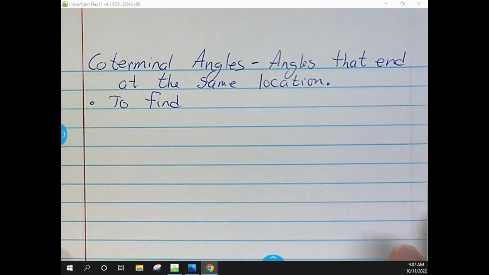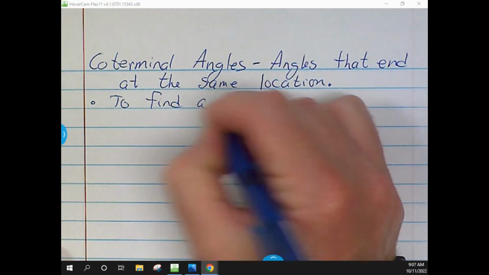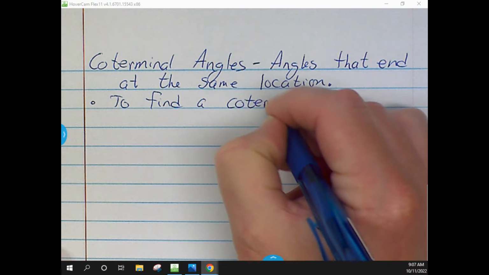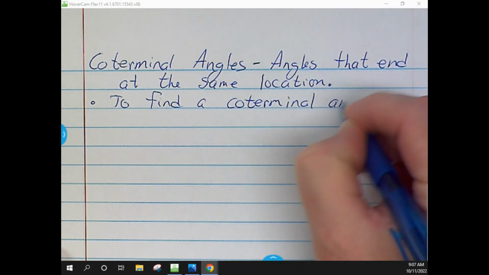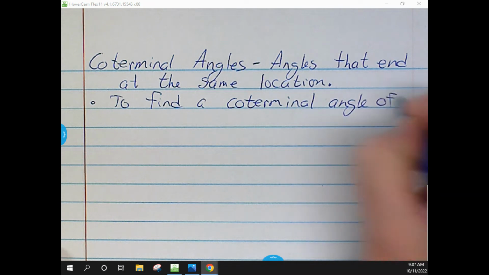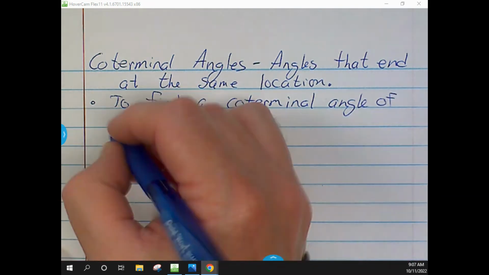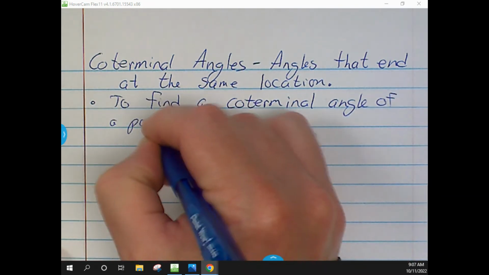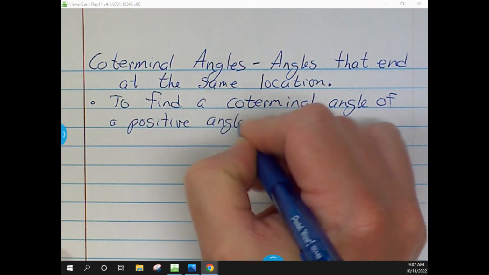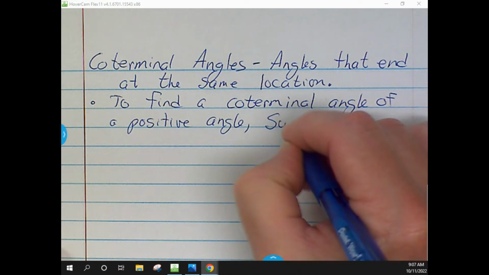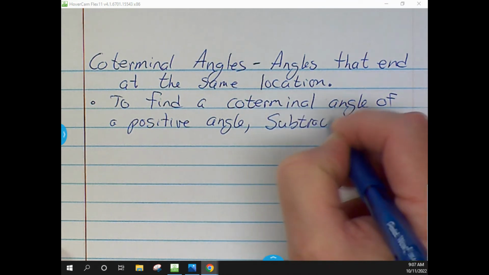And basically to do this, to find a coterminal angle of a positive angle, you just have to do one simple little thing. You just have to subtract 360.